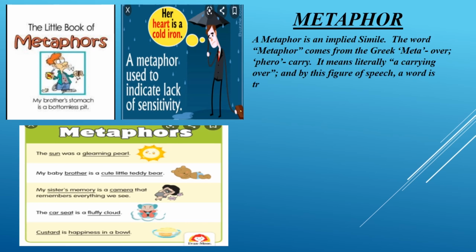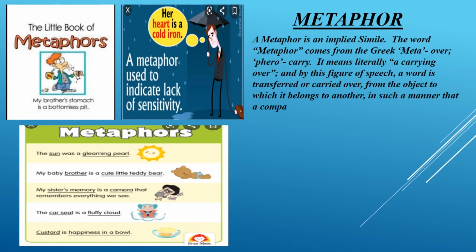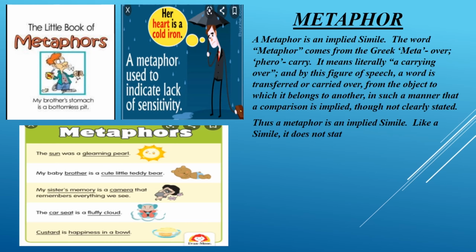It means literally a carrying over, and by this figure of speech, a word is transferred or carried over from the object to which it belongs to another in such a manner that a comparison is implied though not clearly stated. Thus, a metaphor is an implied simile.